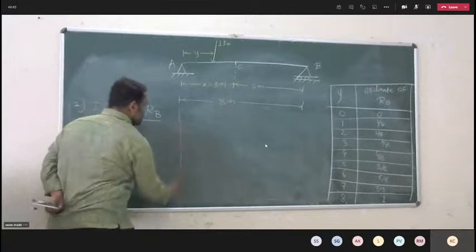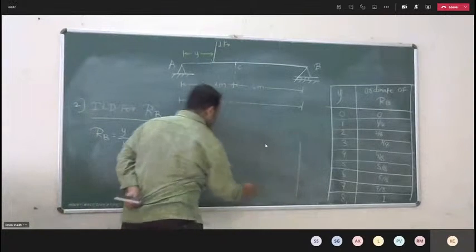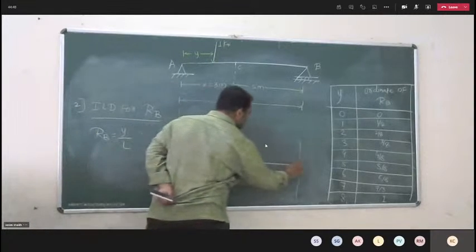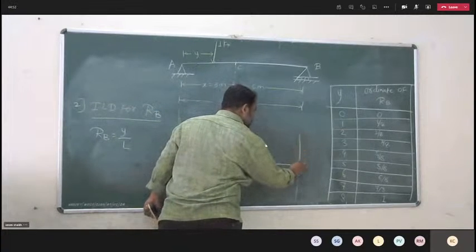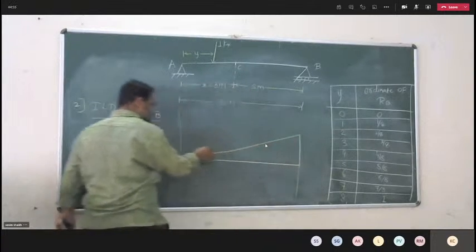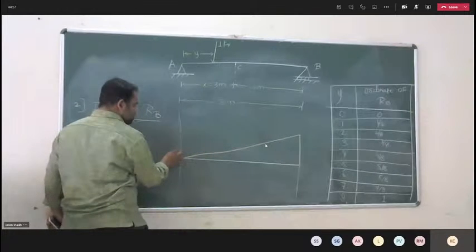So like this, now we have to draw the ILD for reaction RB. So ordinate at B is 1, ordinate at A is 0.